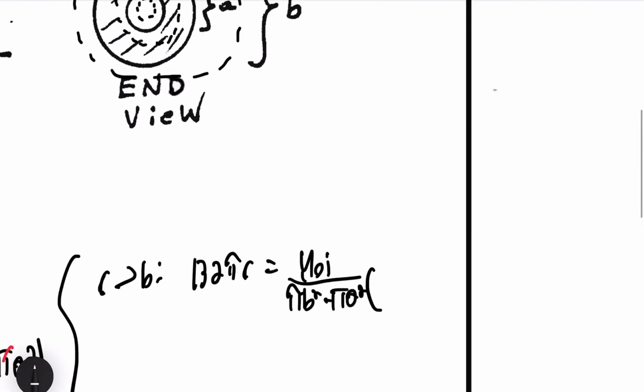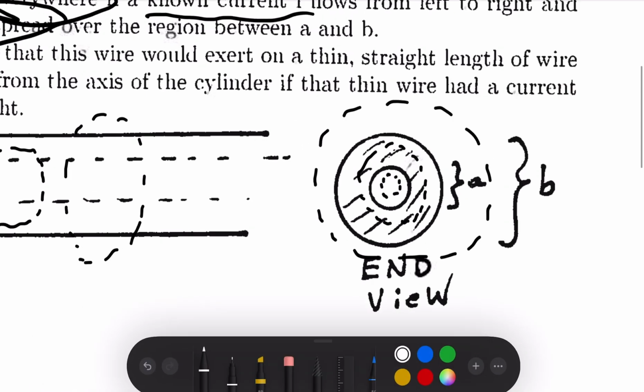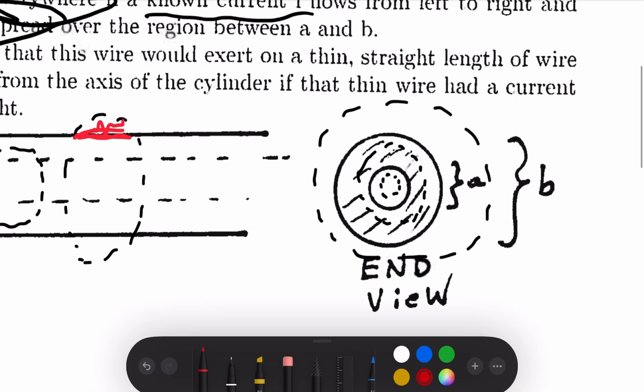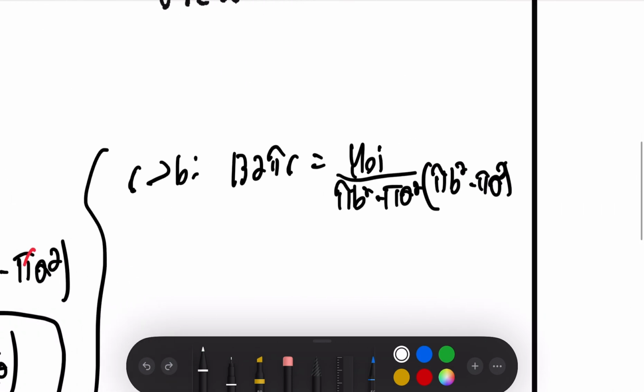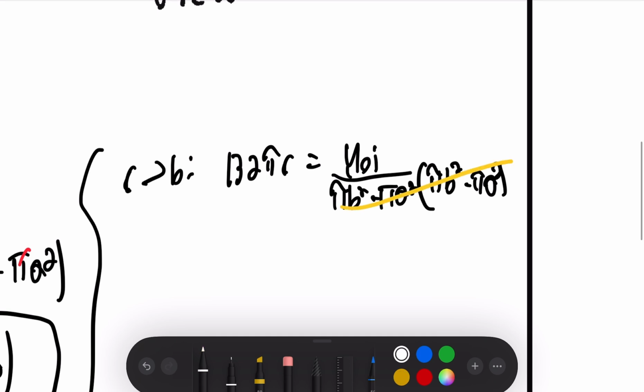So it's going to have the same area, pi b squared minus pi a squared, because anything afterwards is empty space. Our wire stops here. There's nothing going past it, so there's no extra area that we could possibly add. So when we do this, we notice that they cancel. So B is equal to mu naught I over 2 pi r.